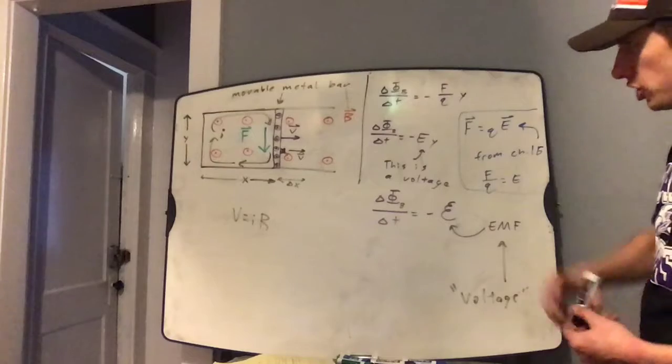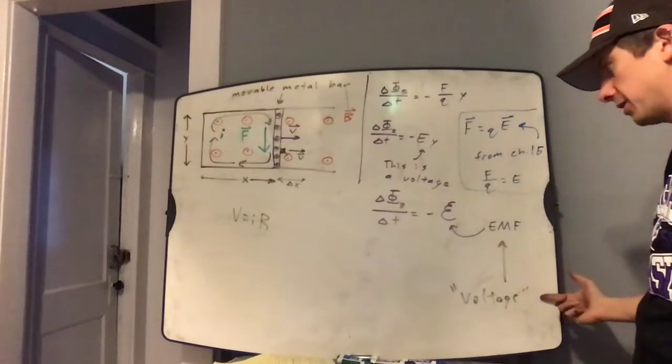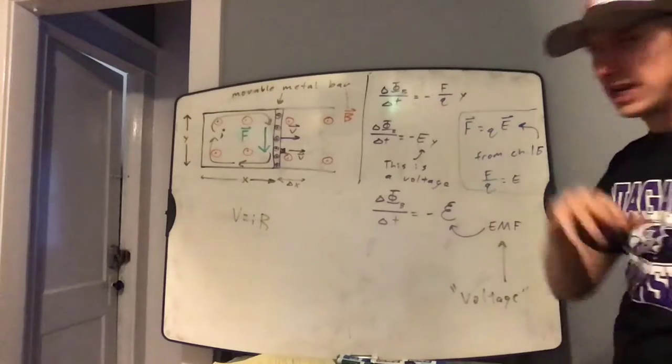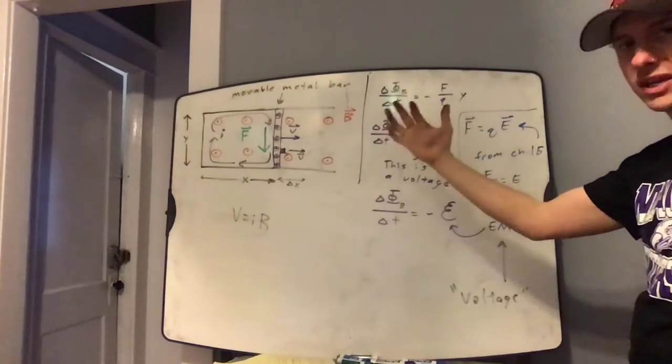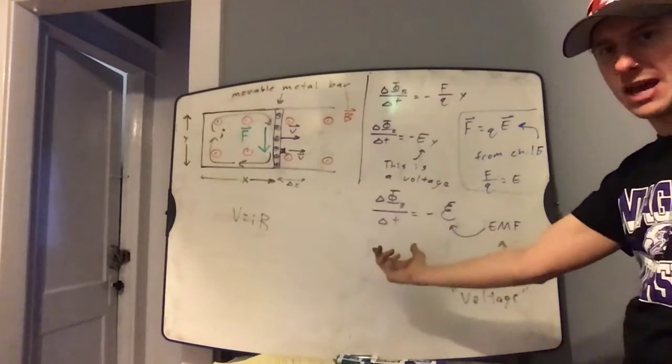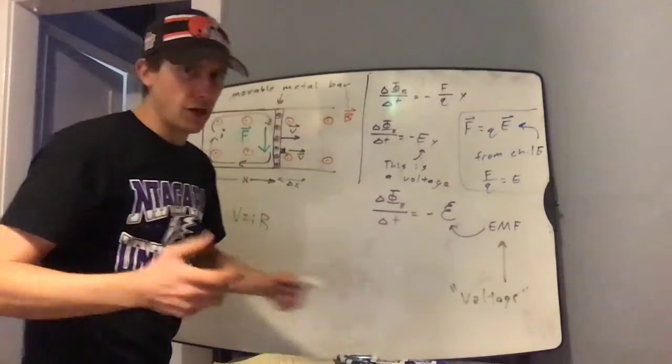So a changing magnetic flux through a loop of wire will create a voltage. That voltage will create a current. And so it's possible to get current flowing in a loop of wire without any battery present. All you need to do is you need a changing magnetic flux.